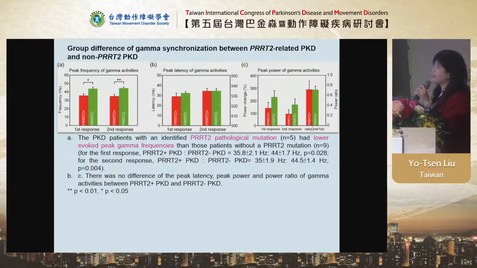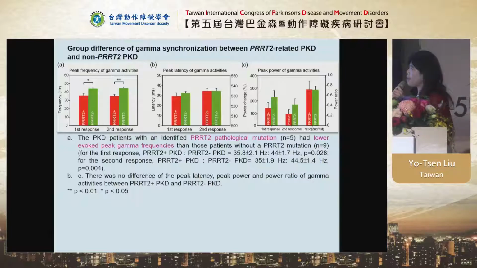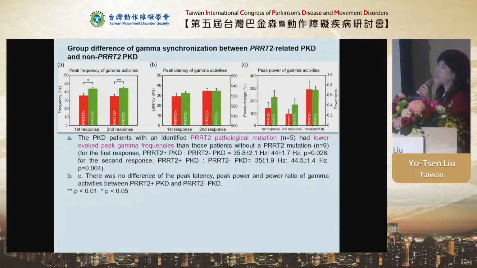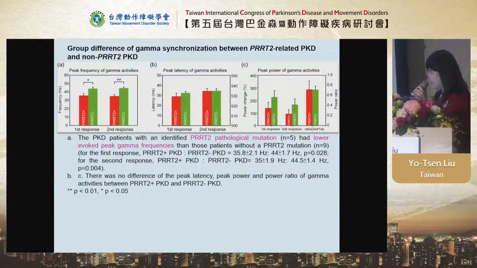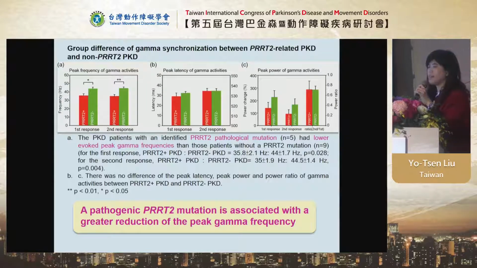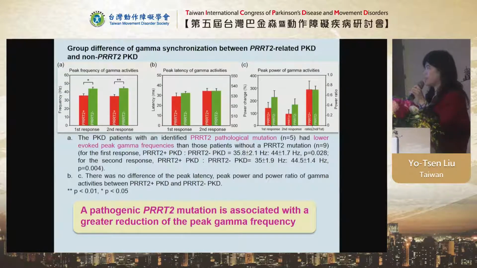And we looked at the difference between PRT2 PKD and non-PRT2 PKD. We found that in PRT2 patients, the peak frequency is significantly decreased. So we think that the pathogenic PRT mutation is associated with the reduction in the peak gamma frequency.